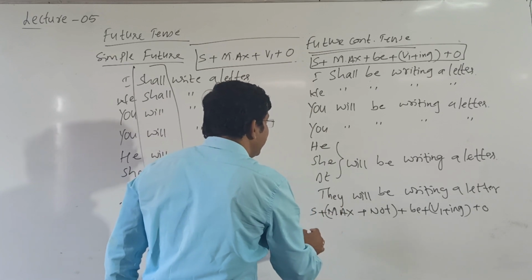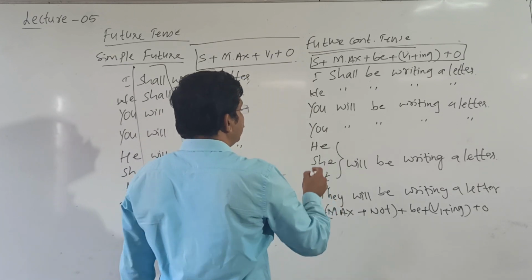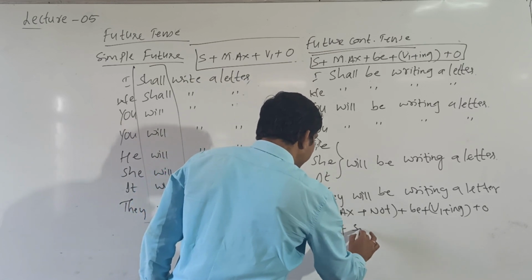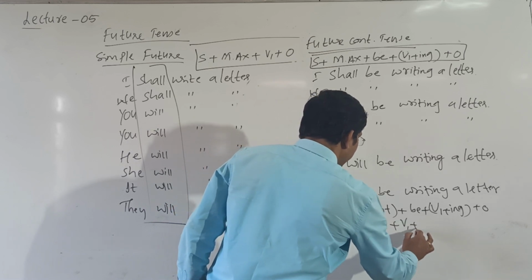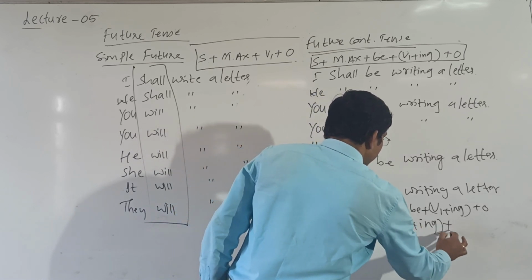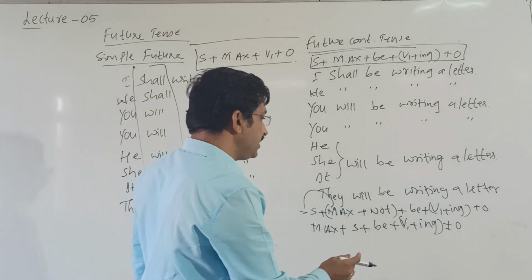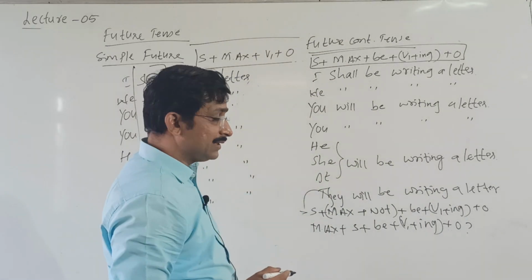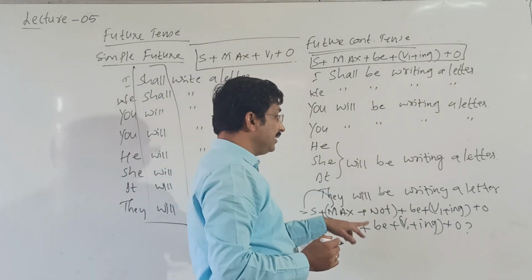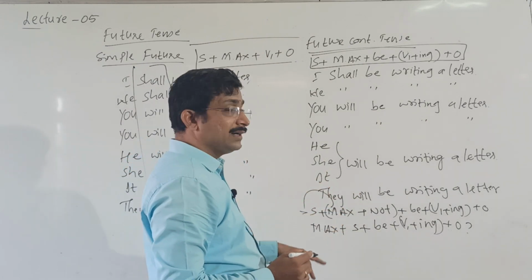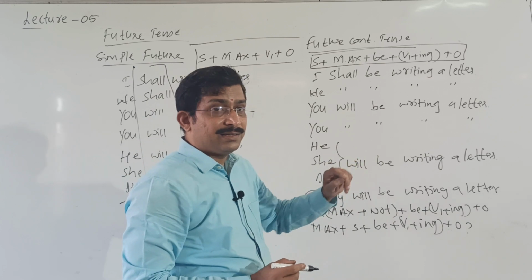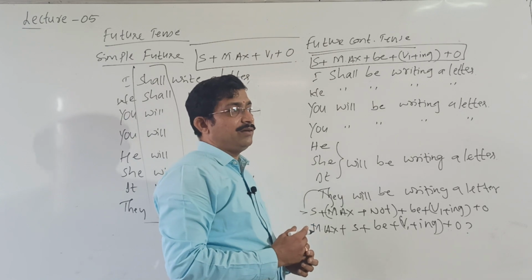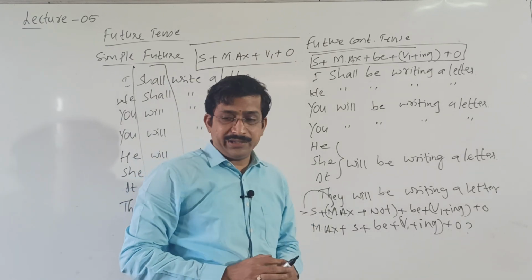Here its interrogative form: modal auxiliary plus S plus B plus V1 plus ing plus object. Shall I be, will he be, will she be, will they be writing a letter. It means these are the standard structures while framing interrogative sentences.